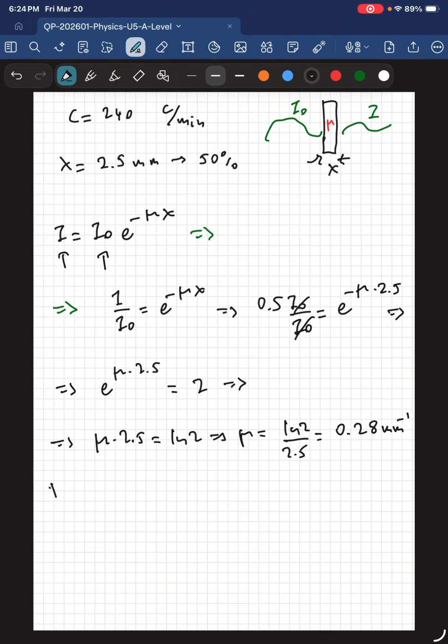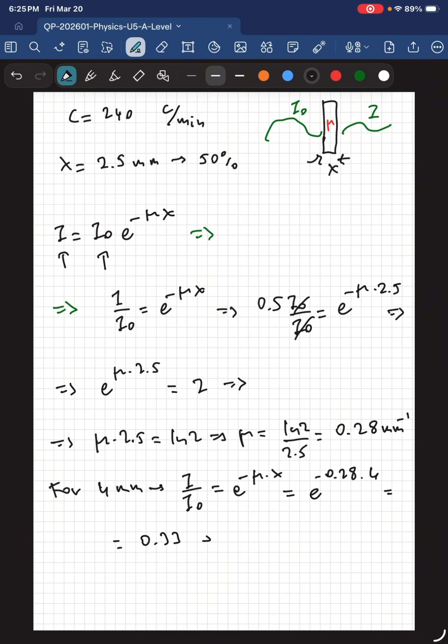Okay, so for 4 millimeters of material, I hope I make sense, by the way, we can use again I over I naught is equal to e to the minus mu times x, and we plug in mu is equal to 0.28, x is 4, and we have millimeters over millimeters, so the exponent is a pure number. Okay, and if we do the calculation, we find 0.33.